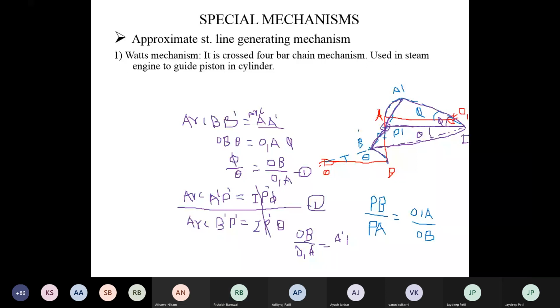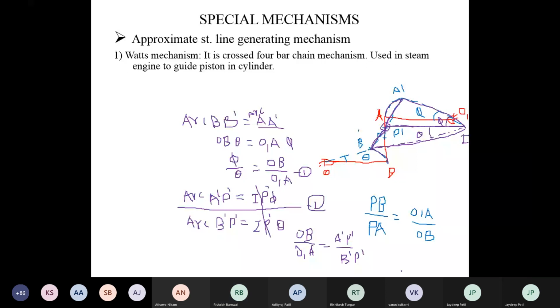Yes, sir. लेकिन वो आर्क होगा ना सर? Now you have to consider this one, OB and O1A also arc. Okay, sir. This is the arc. A dash P dash upon B dash P dash. Now A dash P dash means what?